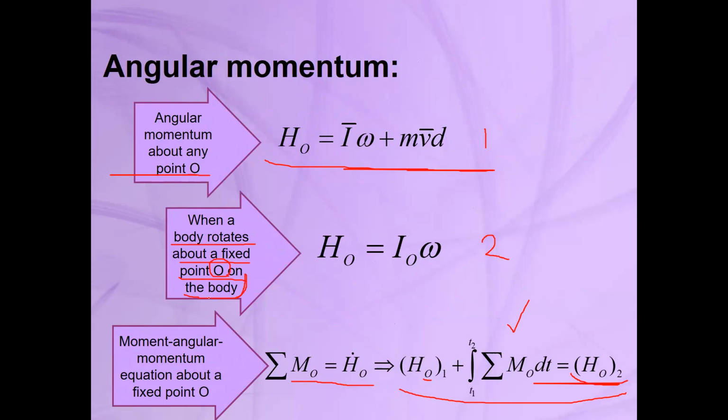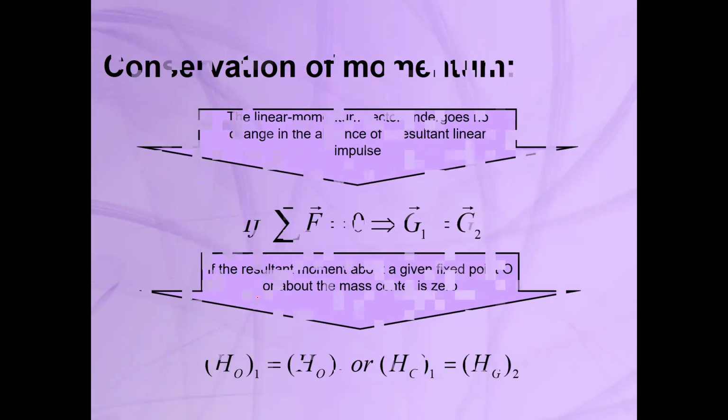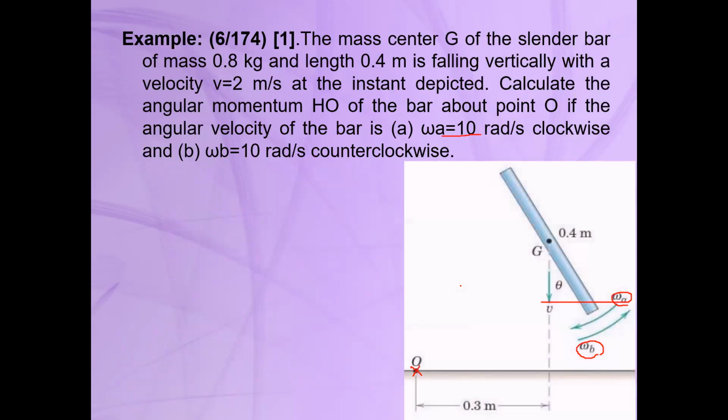For example, as I told you, when we have rotation without slipping for a wheel and assume the connection point is the fixed point of rotation, that connection point is a point on your wheel. So you can assume that this point is a fixed point of rotation.